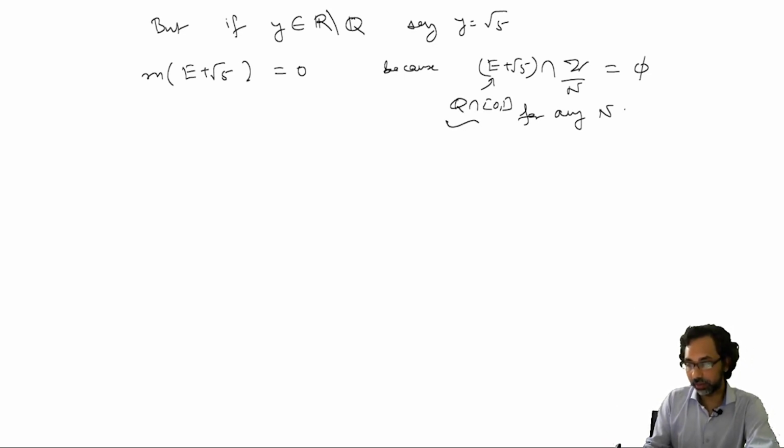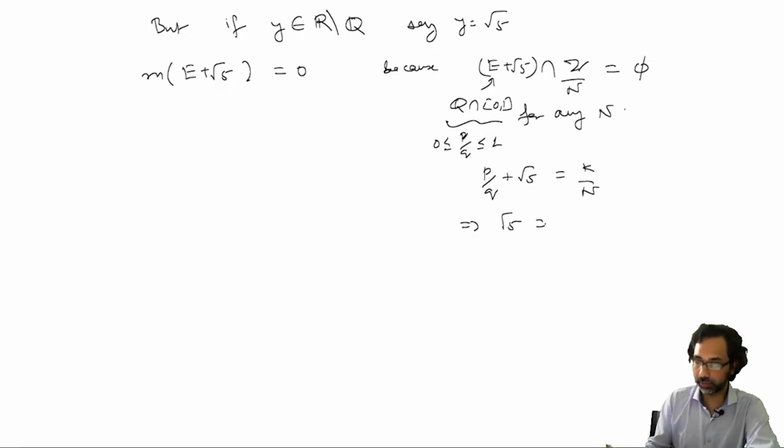So if I take a rational, let's say p by q in 0, 1, and you have p by q plus root 5 is some k over n, then this implies that root 5 is k over n minus p by q, which belongs to the rationals. This is a contradiction. Therefore, this set is empty.